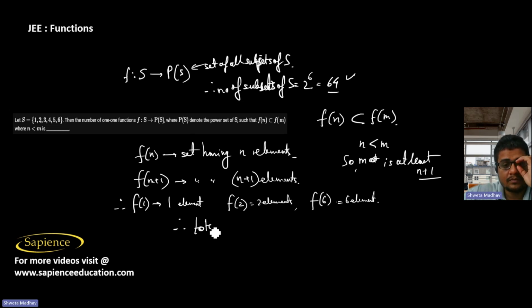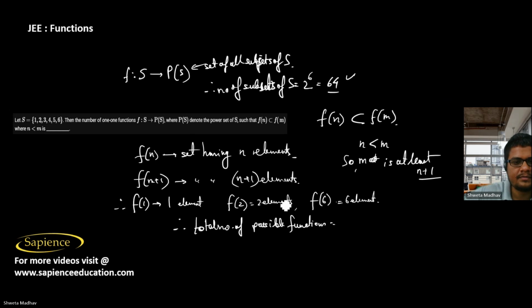Therefore, the total number of possible functions will be 6 factorial, which is 720, so it will be 6 into 5 into 4 into 3 into 2 into 1.